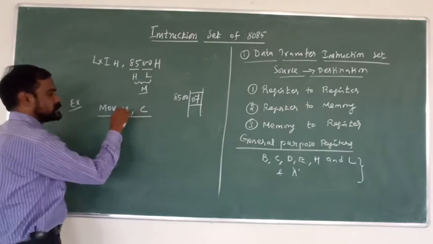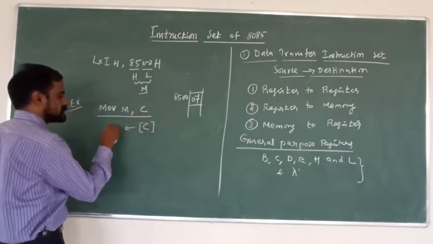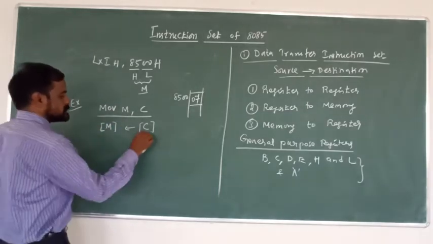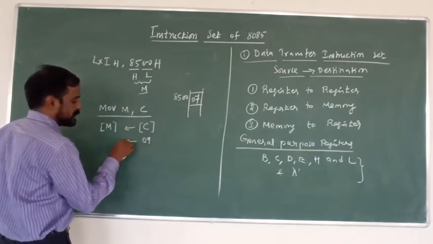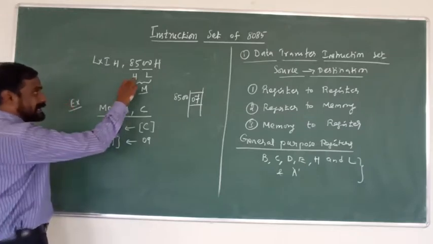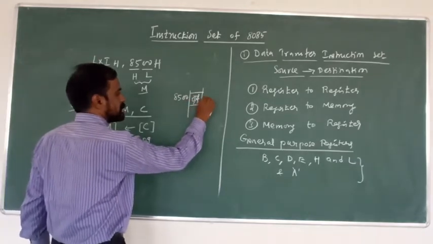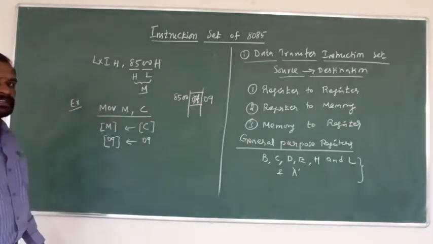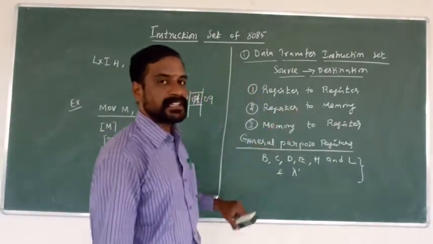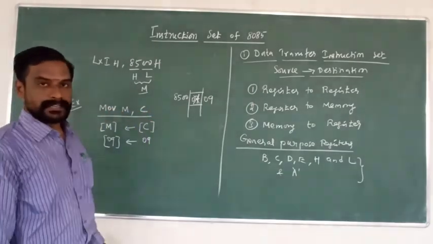Now the C register data is moved to memory. Suppose C is 09, the 09 data is moved to memory. Now at memory address 8500, the 07 data is replaced by 09. This is the second method to transfer the data from register to memory.